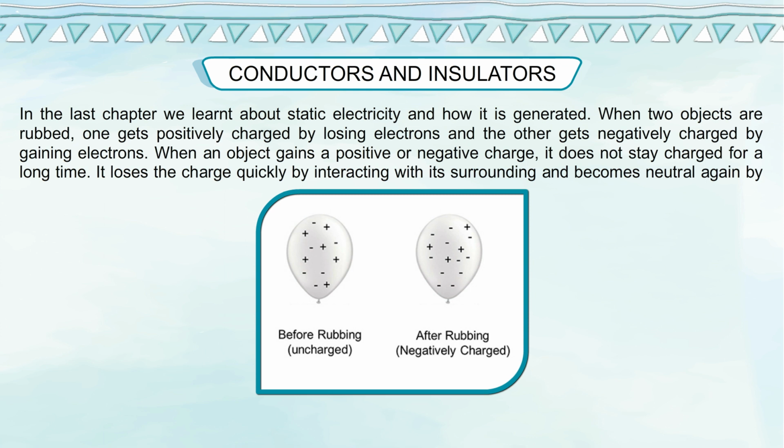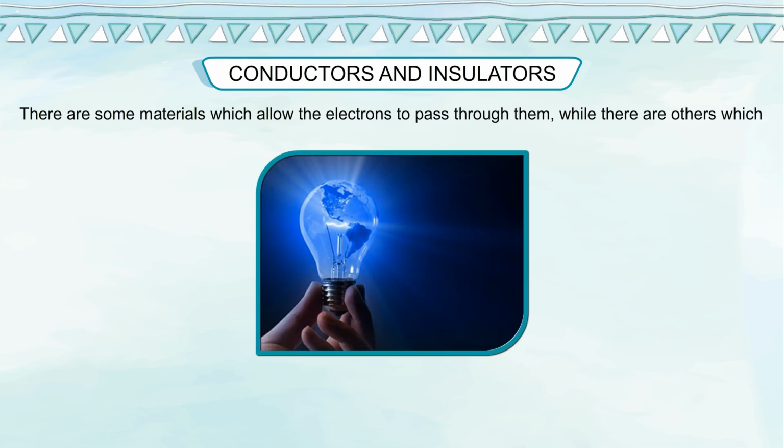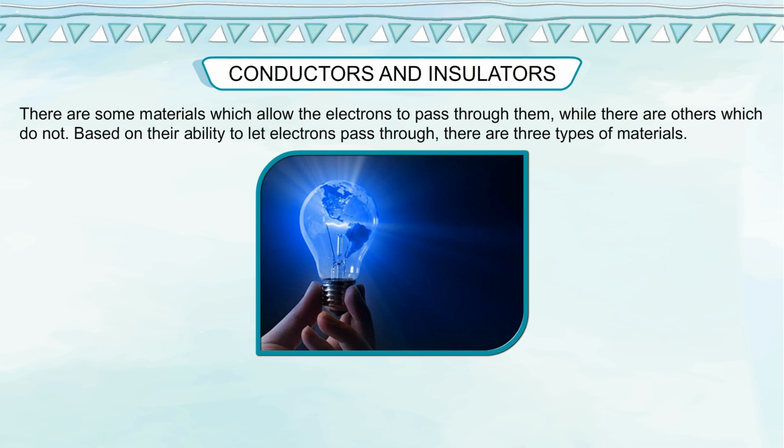It loses the charge quickly by interacting with its surrounding and becomes neutral again by gaining or losing electrons. There are some materials which allow the electrons to pass through them, while there are others which do not. Based on their ability to let electrons pass through, there are three types of materials.